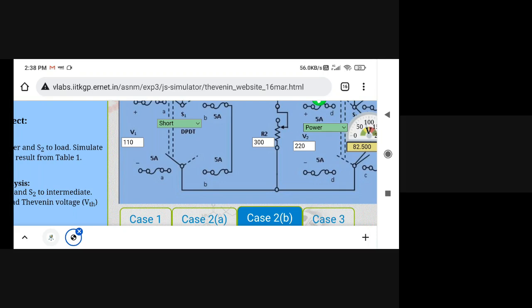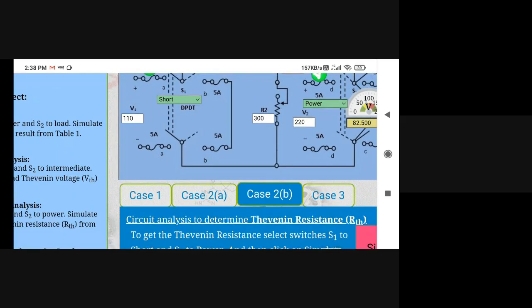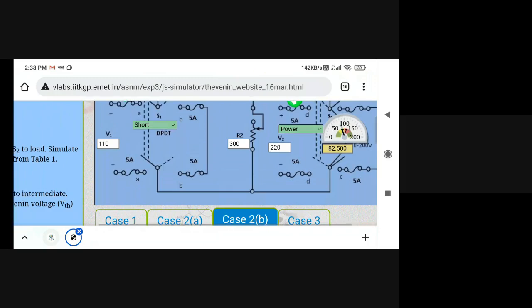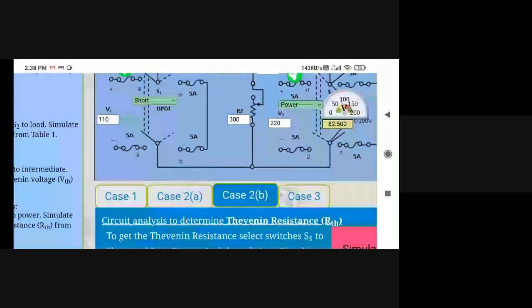So in this simulation, I have kept the second source in power, and across that second source I am measuring the voltage and current. After you get the value of voltage and current, R is equal to V by I, according to Ohm's law. So we will get the value of RTH directly. Instead of measuring RTH directly, here in Simulink we are measuring voltage and current with the help of an ammeter, and then calculating RTH.